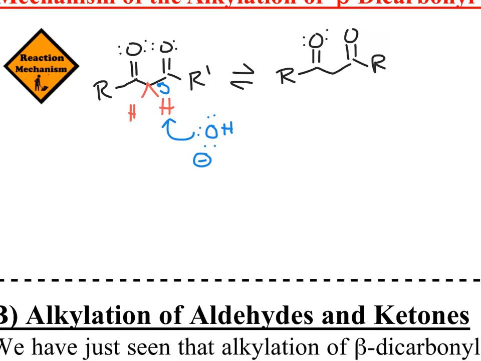R prime, and we still have our alpha hydrogen, or one of them anyhow, and now we've got an anion, and we can draw a resonance structure of this anion. Oops, I forgot my lone pairs.